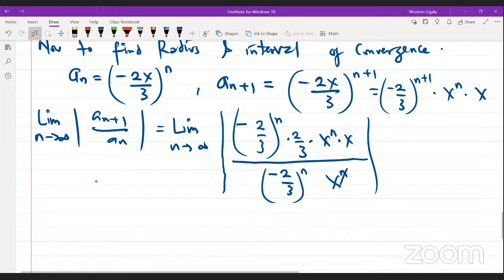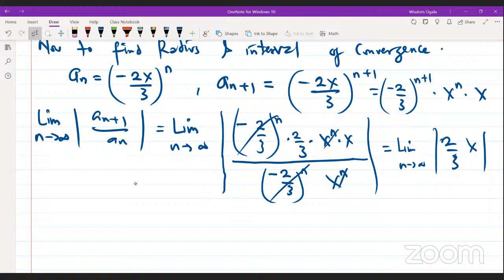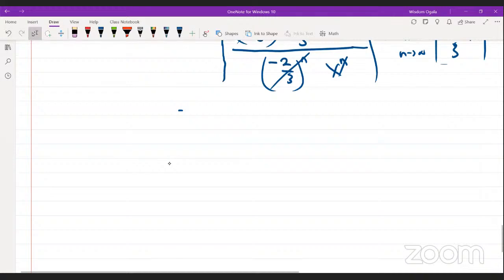So that I can really see how things cancel out. So we're really left with limit as n goes large of 2/3 x. I mean, this doesn't have any n. So that means that my limit actually is going to be 2 over 3, an absolute value of x.